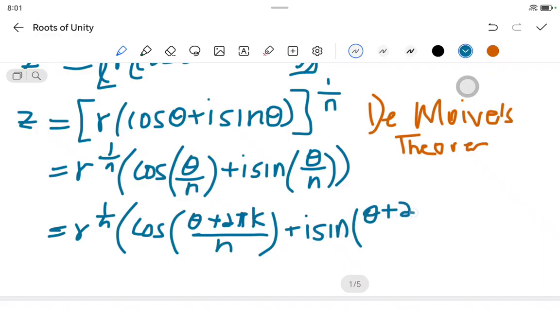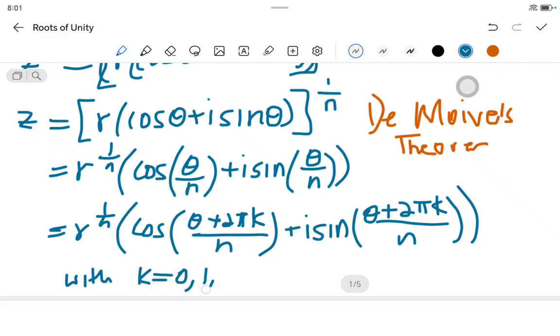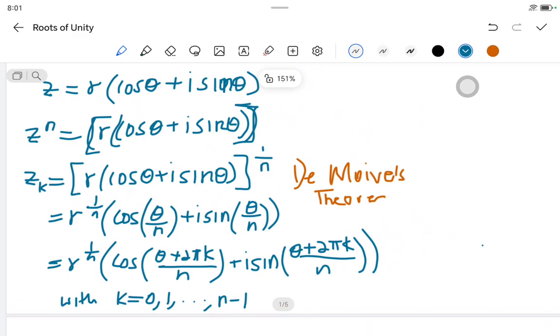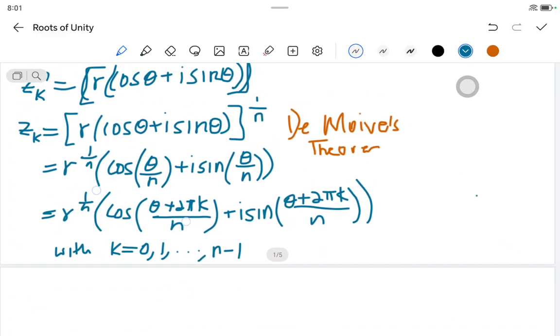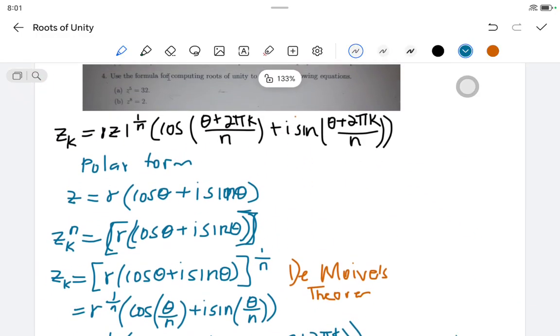Theta plus 2 pi k over n. That's why we'll say that our k goes from 0, 1 up until n minus 1. So here I can even put z_k. Right, so now here's how we find the formula.